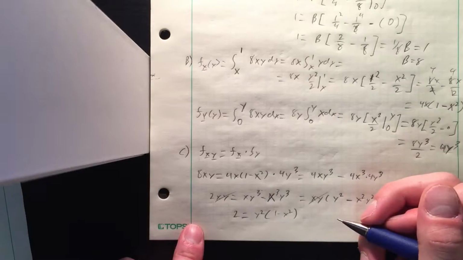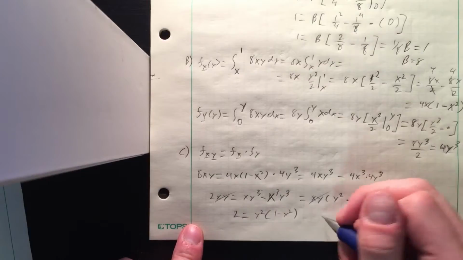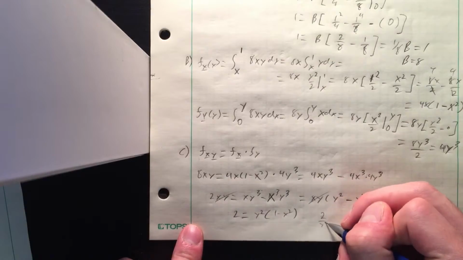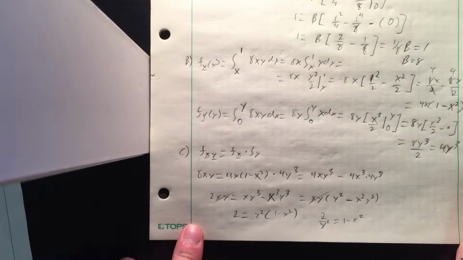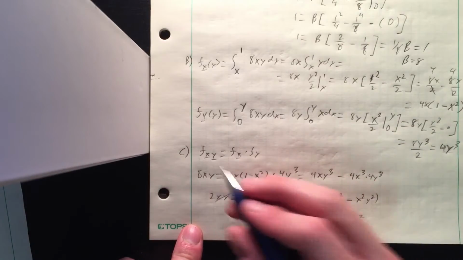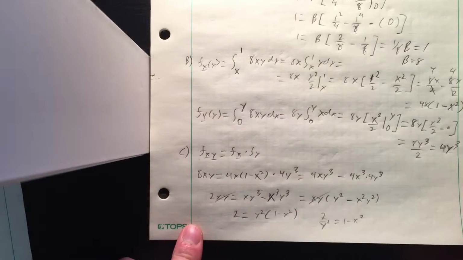But essentially it would be 2 over y squared plus 1 minus x squared. But essentially this function does not equal 8xy. There's too many terms. So I would consider this not independent in this case.